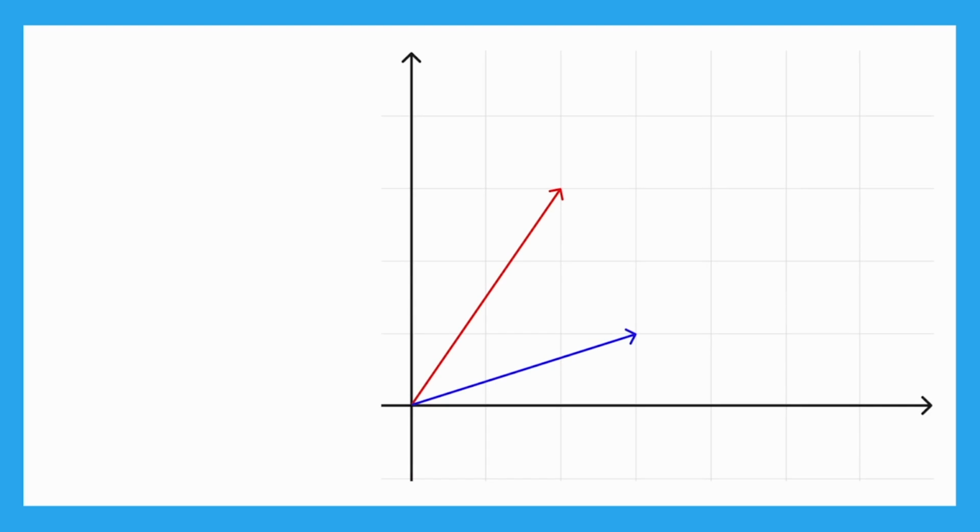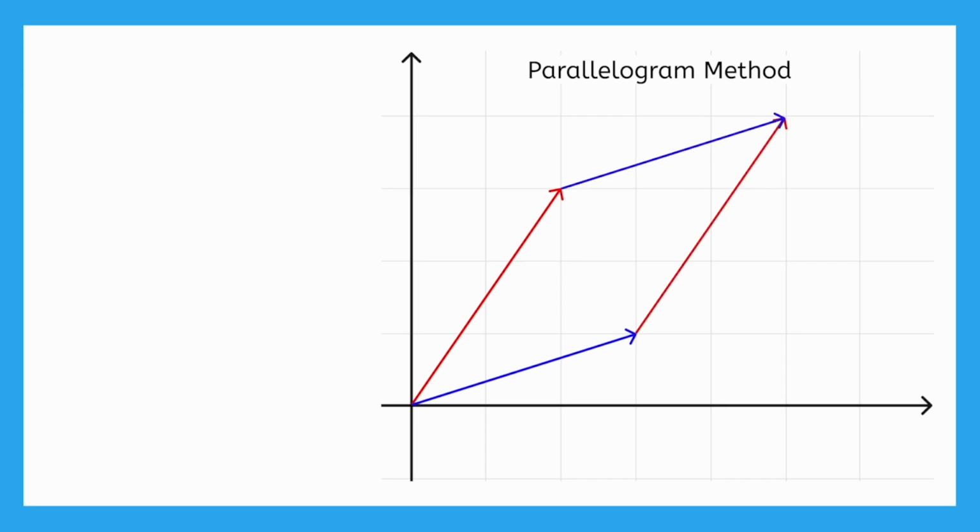To define our parallelogram, we'll actually use a concept you just learned about in Unit 7, vectors. You might recall from Vector Operations Part 1 that when you add or subtract vectors, you can use what's called the parallelogram method. This involved placing the initial points of both vectors on the origin, like this, then translating a copy of each vector to the end of the other vector to create a parallelogram.